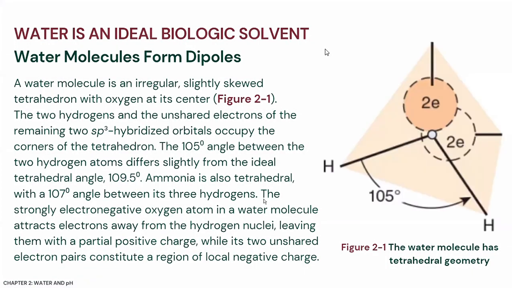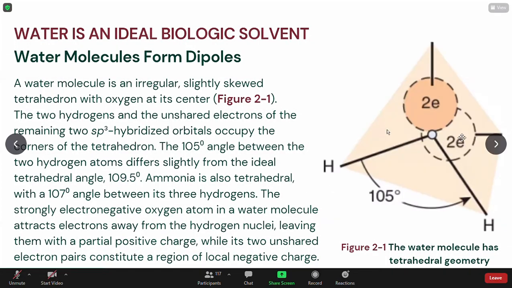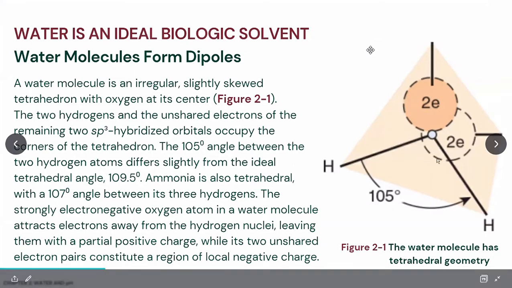So you have here your water molecule. On the side of the hydrogens, you have a partial positivity, and on the side of your oxygen, you have a partial negativity. Now in this case, your water is a dipole.